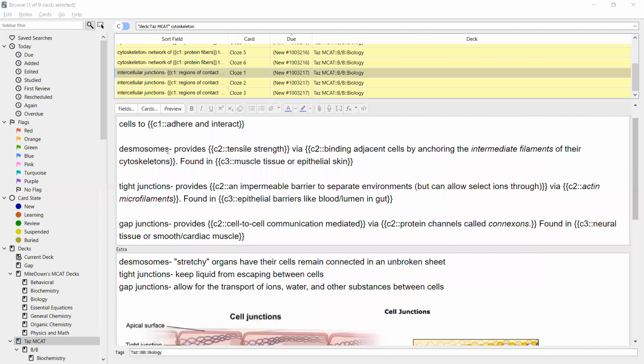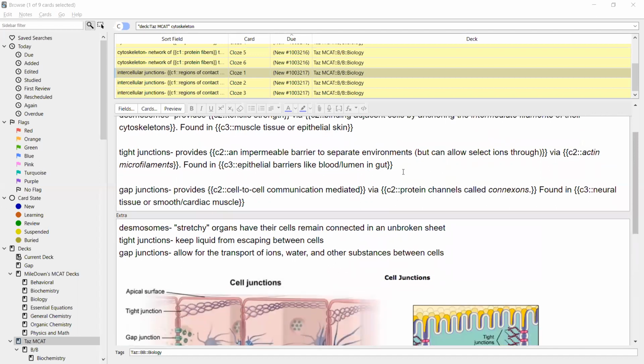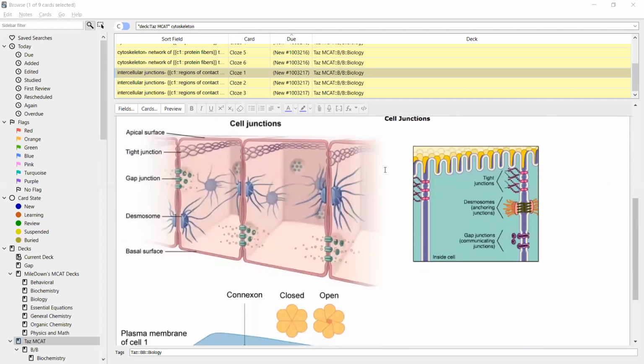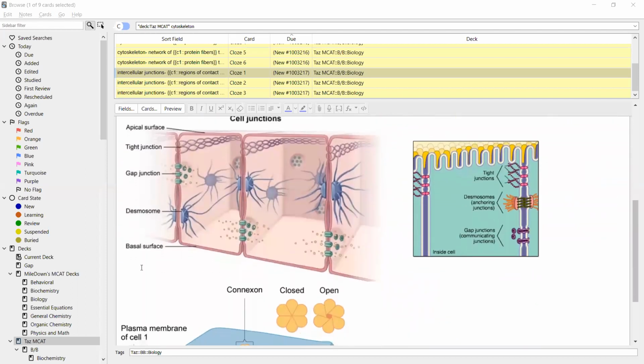Number two, desmosomes. Desmosomes provide strength by binding adjacent cells through the intermediate filaments of their cytoskeleton. You can find this in muscle tissue or epithelial skin. So what does that mean? The desmosomes are right here, and what they're doing is providing strength by basically linking the cells together. You see how they're linking the cells together?